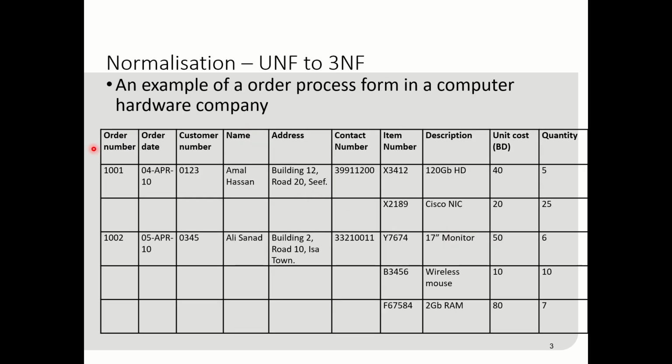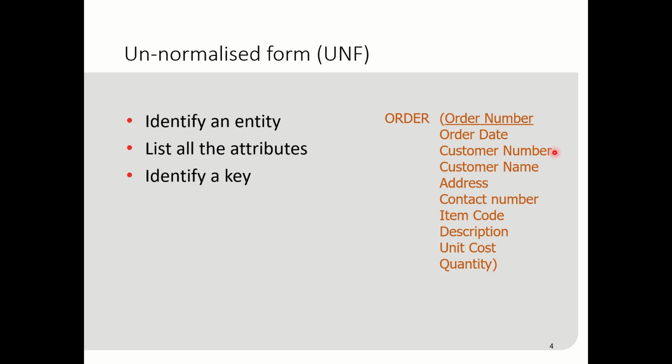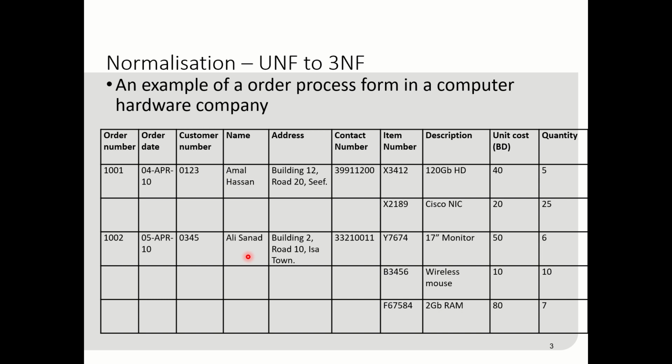Now you need to list down all the attributes. Which are the attributes here? You have order number, order date, customer number, name, address, everything. All these things you are listing down as the various attributes. Now you need to identify a key. Looking at this table, it is very easy to identify order number as our primary key.